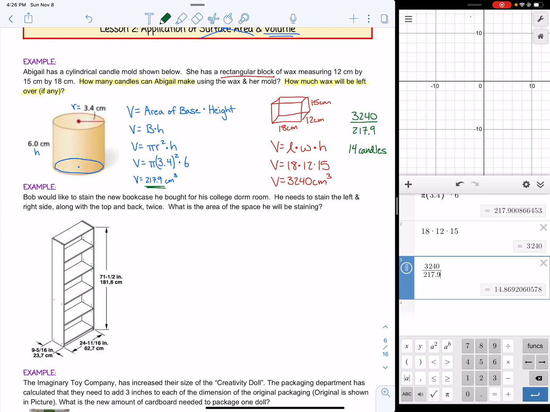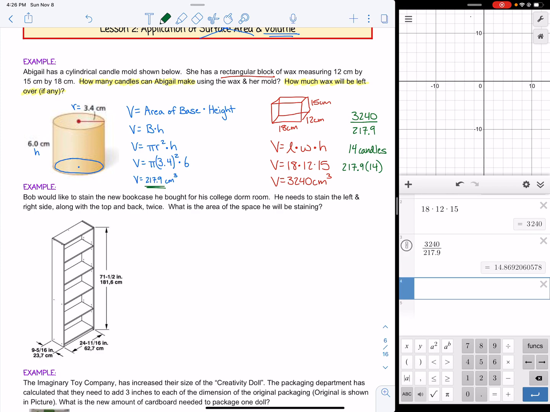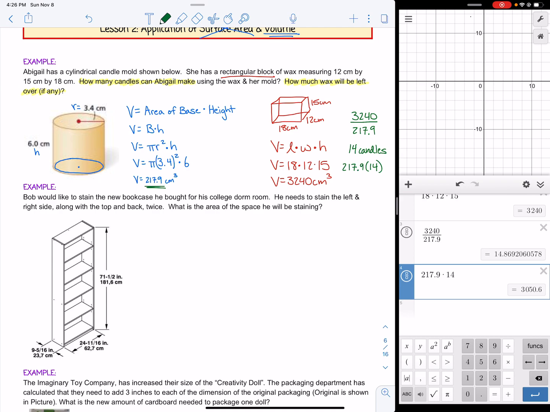And then we can see how much she would have left over. So we can say 217.9 times 14. Let's get that number. So that would be the amount of wax she's going to use to make those candles, which is 3,050.6 cubic centimeters.